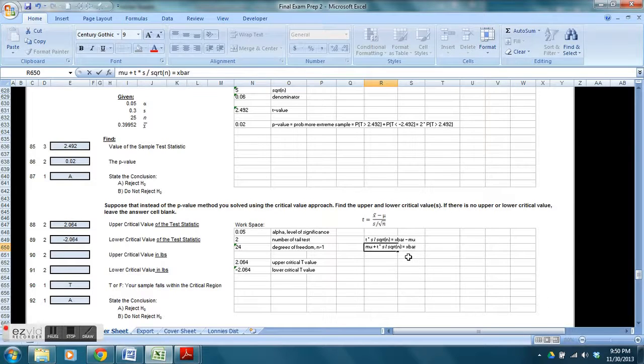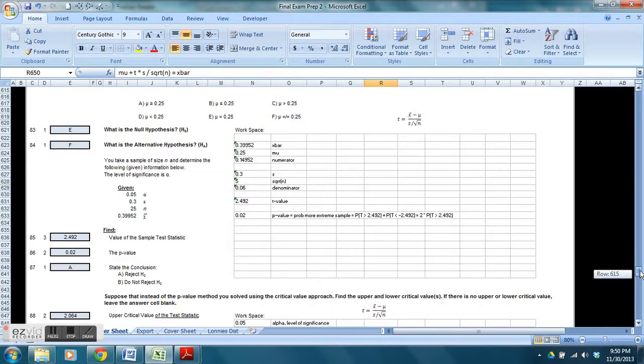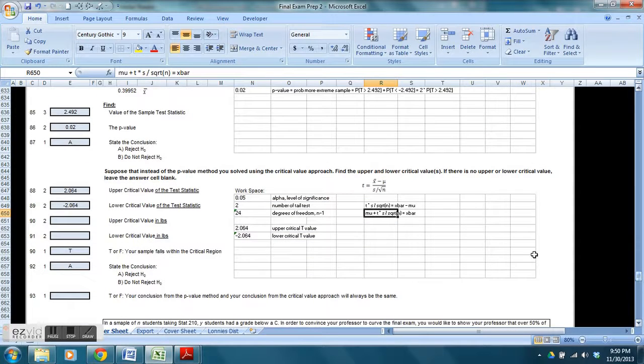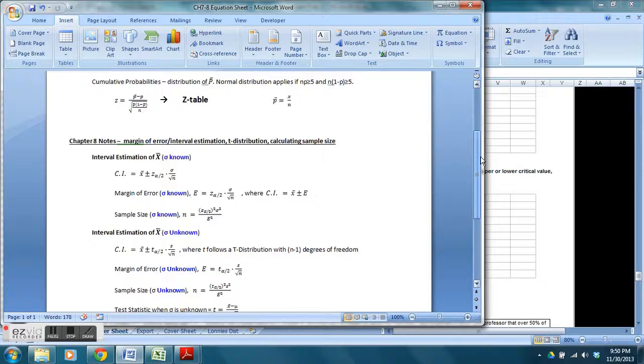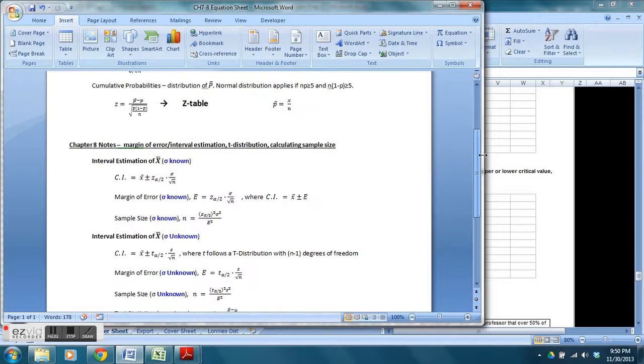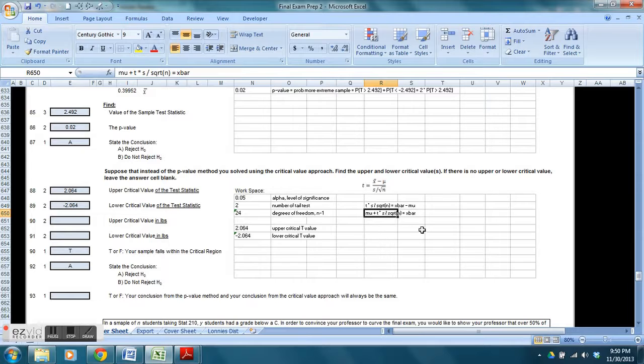This is the same type of process that we did in Chapter 8, when we were doing interval estimations. We can solve for what x bar is in this case.